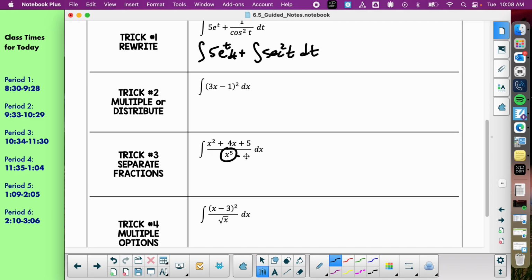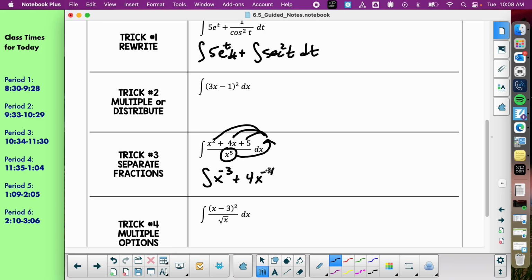Most students here like to bring this up to the top as a multiplier and multiply it out to each term. The way I was taught it was just to divide each one individually in my head. So x squared divided by x to the 5th would be x to the negative 3rd. 4x to the 1st divided by x to the 5th would be 4x to the negative 4.